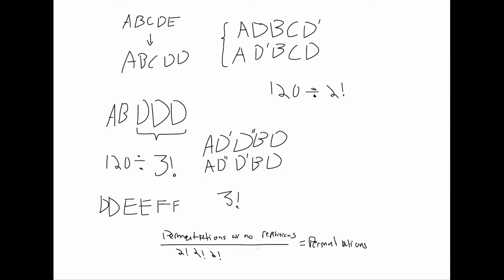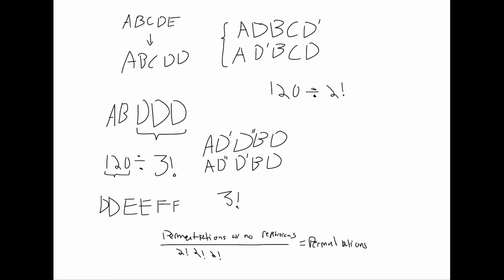We're doing that because for every single permutation, there are going to be 3 factorial times too many, because we're assuming that the D's are different letters. When we calculated our 120 permutations, we were assuming that the D's were all different elements, but really they were all one same element.